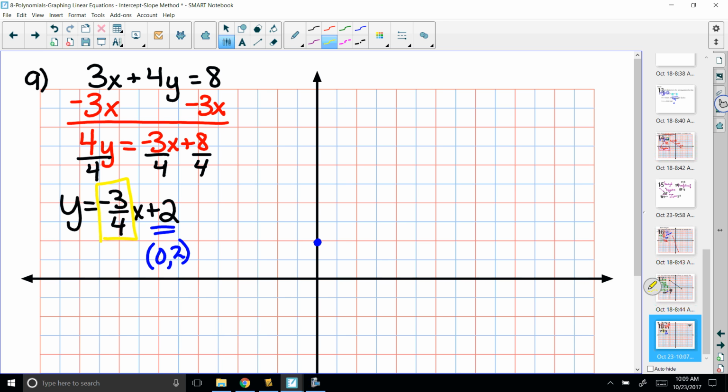So I'm going to rise how far? 3. 1, 2, 3. And I'm going to run how far? 4. Left or right to get the negative slope? Left. 1, 2, 3, 4. Or you can drop down 3 and go to the right 4.